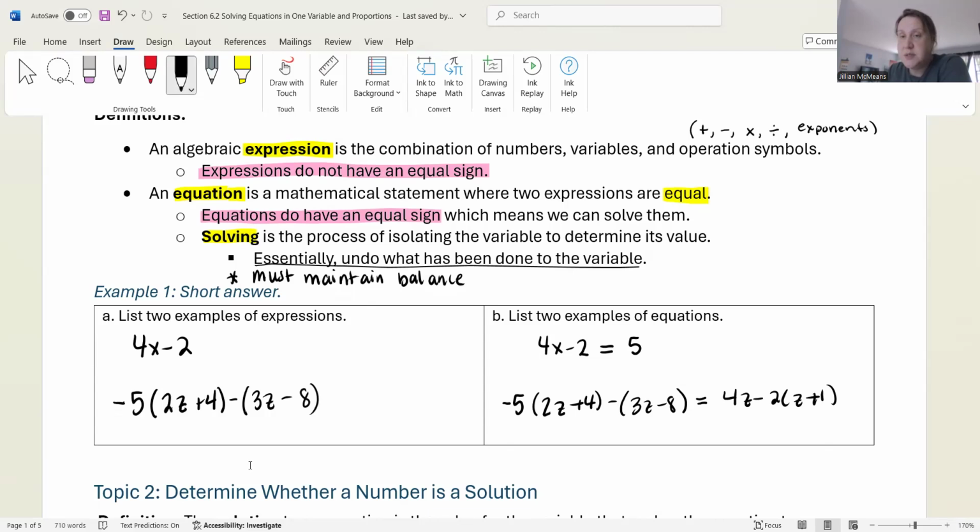It's going to be a lot of steps to undo what has happened to that variable and solve, but that would be an equation. Please understand that at the heart of this, an expression has no equal sign, and an equation has an equal sign. In the next video, we're going to determine if a number is a solution to an equation, and then after that, we'll start practicing solving equations.